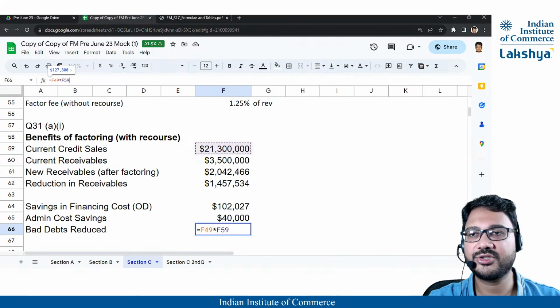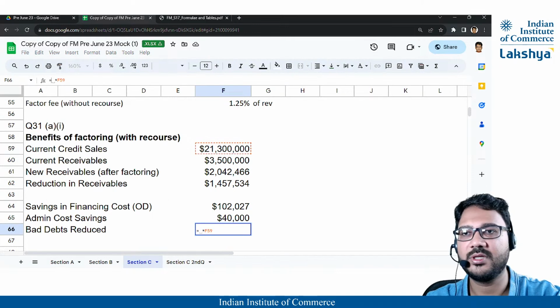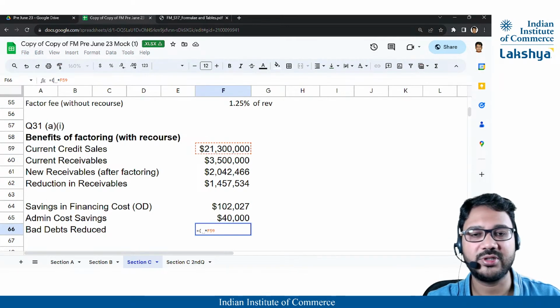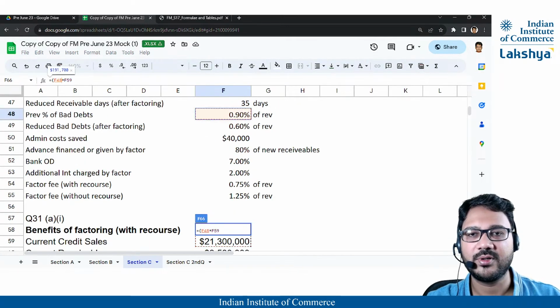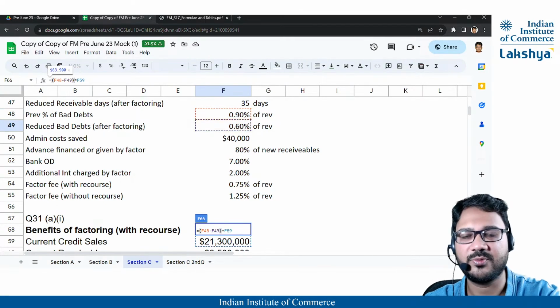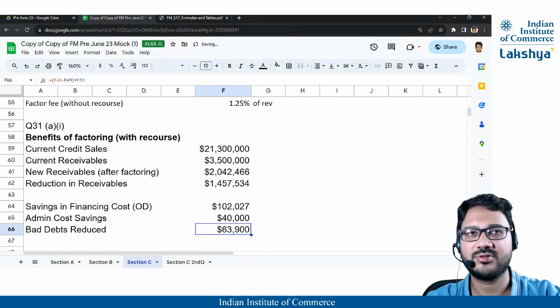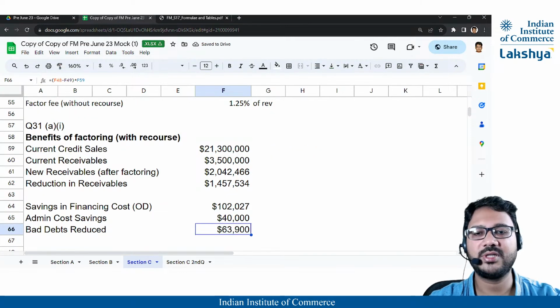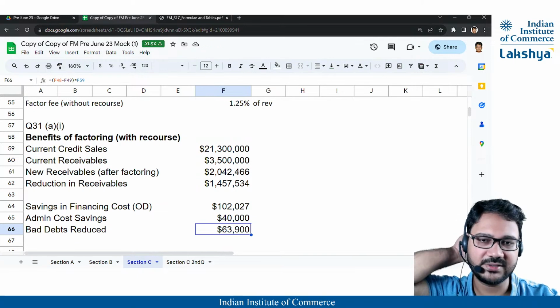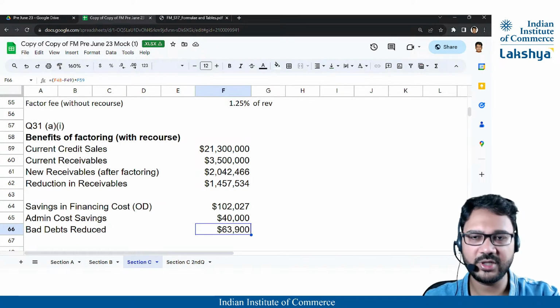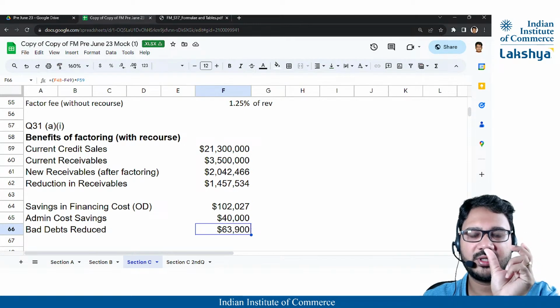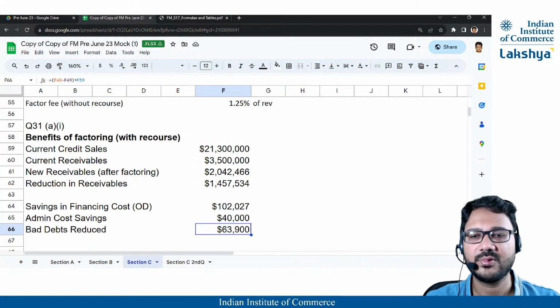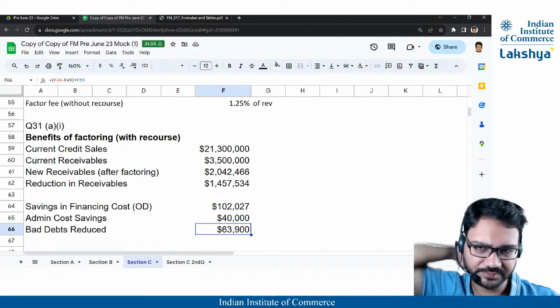Oh, it's a reduction. So it is basically the savings is 0.9 minus 0.6. Okay, so $63,900 is the bad debts reduction. It was 0.9%, now it has become 0.6. So by how much is it reducing? By 0.2%, sorry, 0.3%.